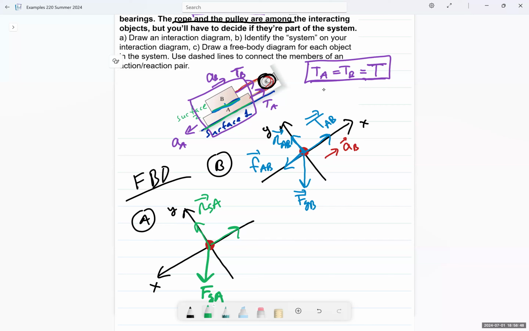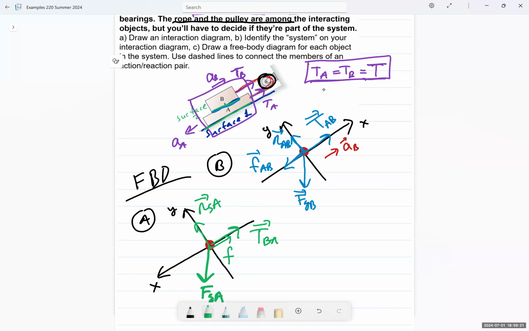There's a tension here, which we can write as B on A. Because it's connected to B, we can just say that. We were told that all the surfaces have friction. So then surface one exerts friction on block A, which we know how to do, right? So it's to the right.